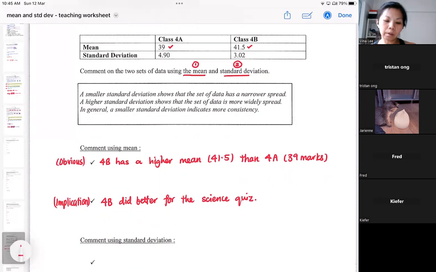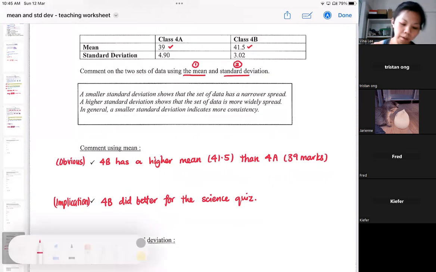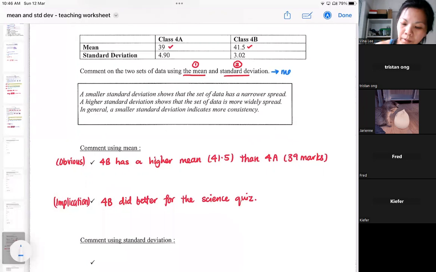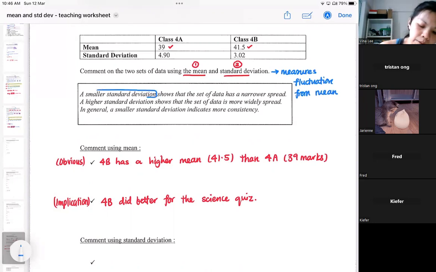Okay, but when we are talking about standard deviation, it may be a bit new to most people. So what does standard deviation measure? The definition is that it measures the fluctuation from the mean. So we will prefer a smaller standard deviation.